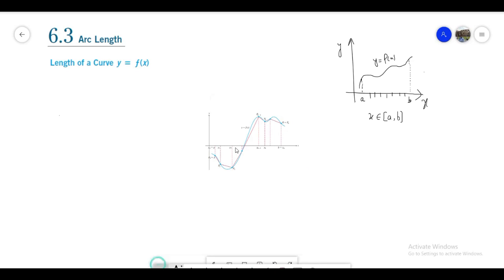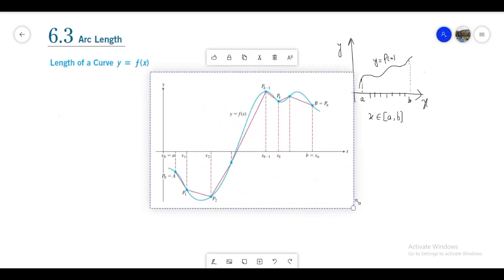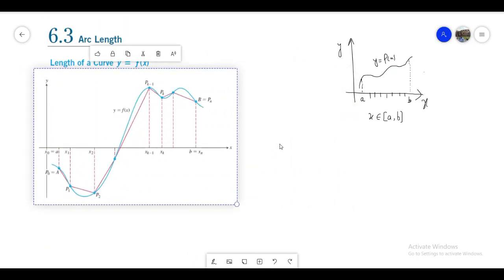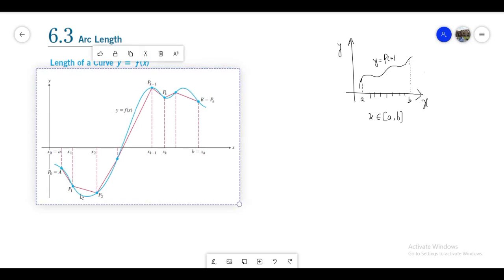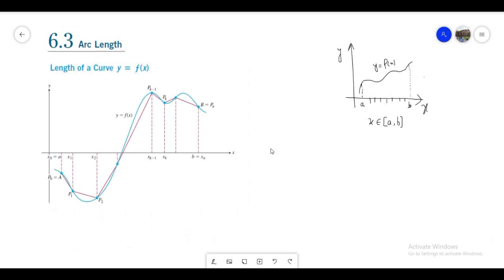In this case, the curve whose length we want to find is the graph of the function. This blue line is the function f of x from point A to the final point B.